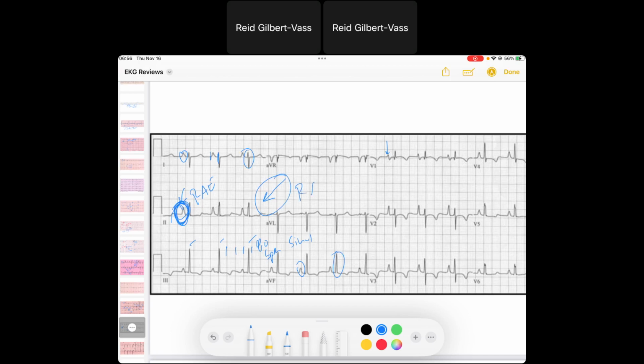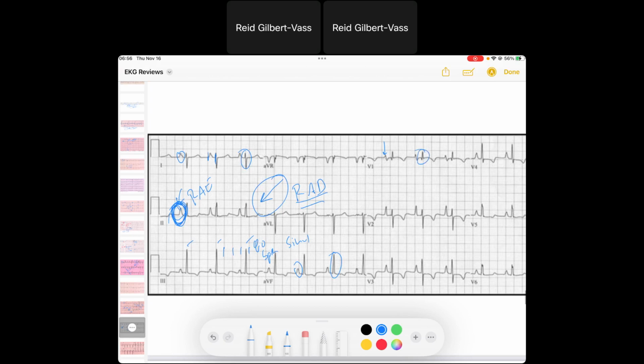So we've got right axis deviation. And so we might have right axis deviation, maybe due to right ventricular hypertrophy, but we don't meet the criteria for that. And so here we've just got a sinus rhythm with right atrial enlargement, right axis deviation.